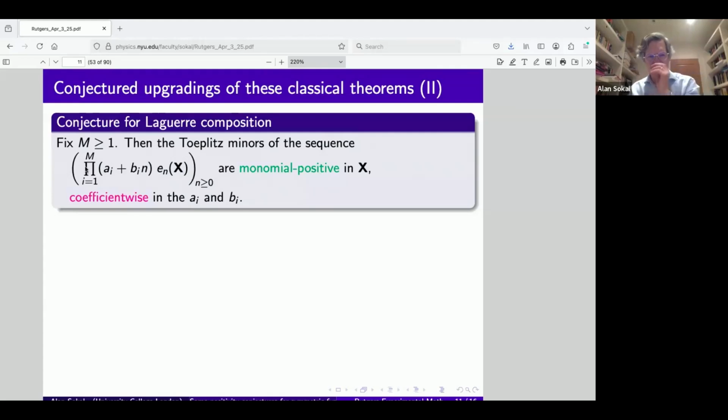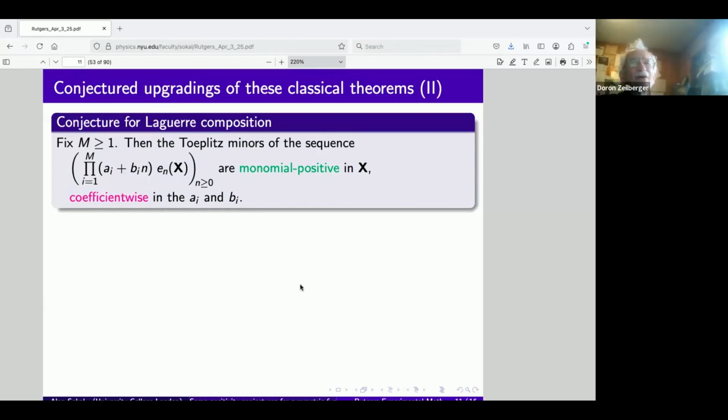And again, the claim is the Toeplitz minors of that sequence are monomial positive in x, and in fact also coefficient-wise in the a's and b's. So it's coefficient-wise in both x and in a and b. So that's a conjecture. Are there still conjectures? They're going to prove them later. These are all conjectures. None of them are proven.